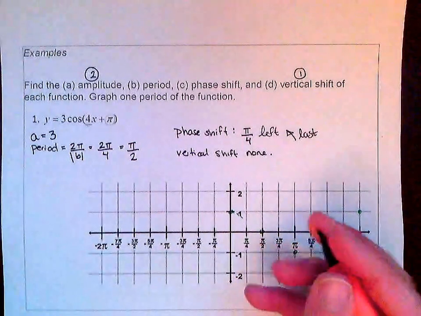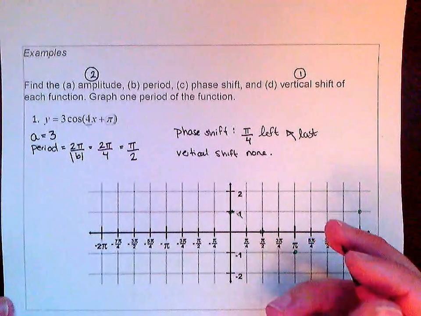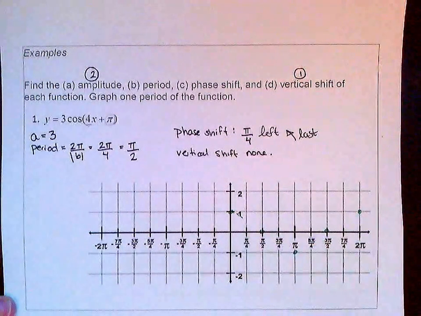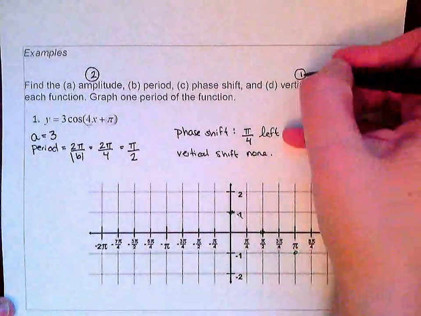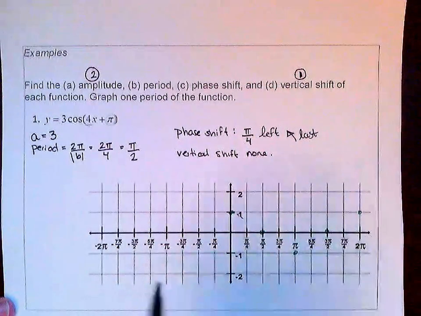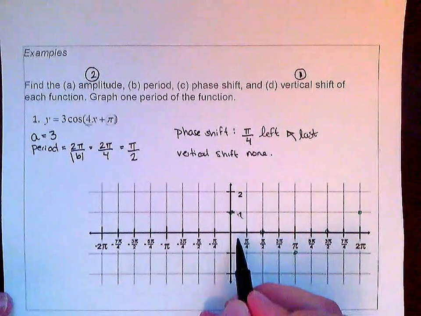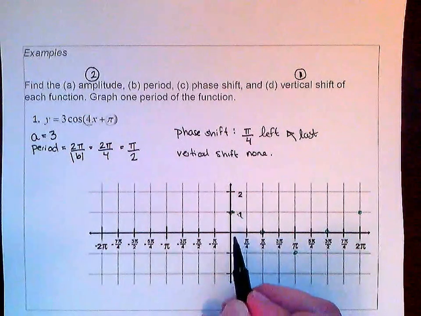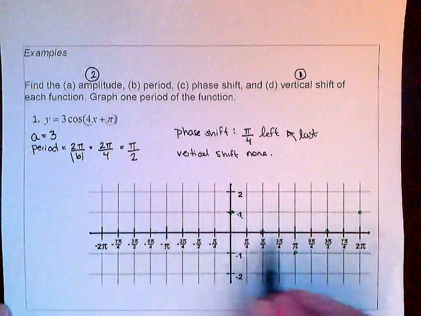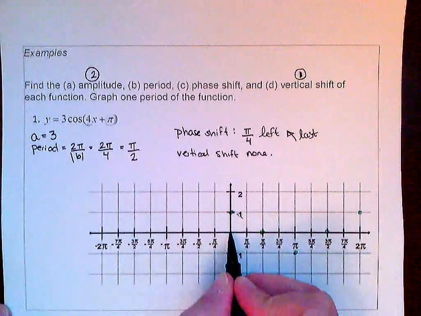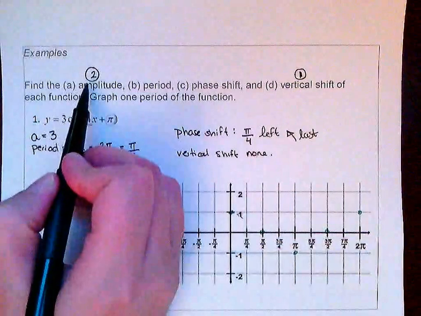Alright, so when it comes to graphing, the first thing you should do is identify the vertical shift. This should always be the first thing. Now in this case we don't have a vertical shift, so our graph is staying exactly where it is through the center. But what's different here is the second thing.